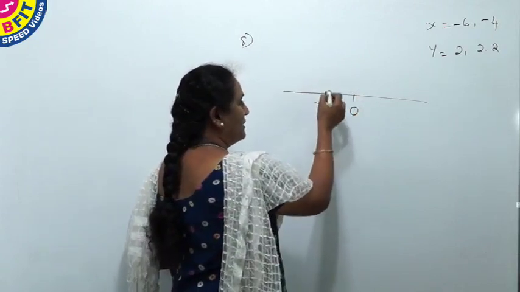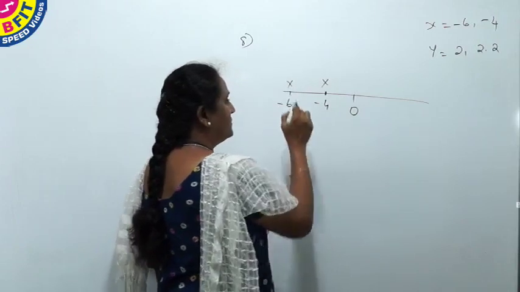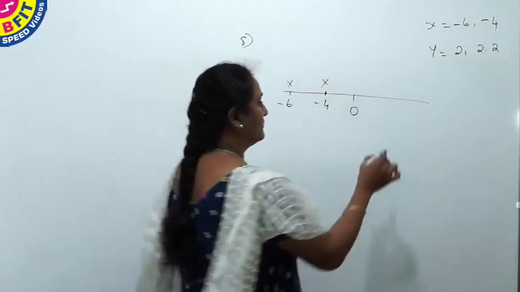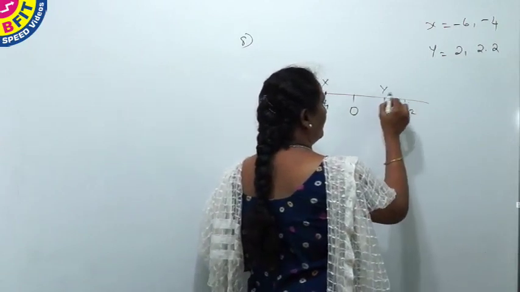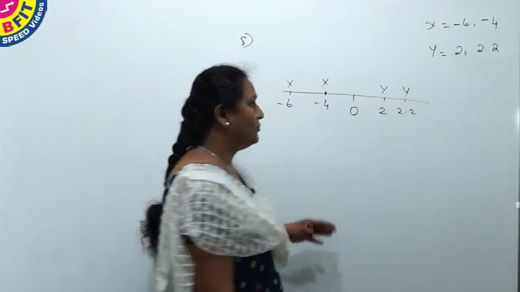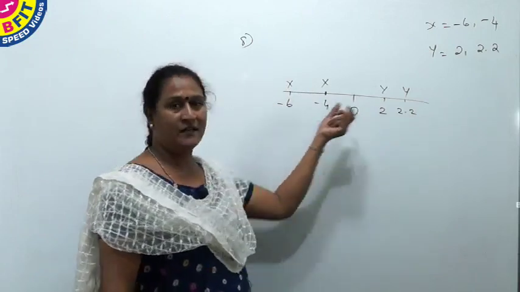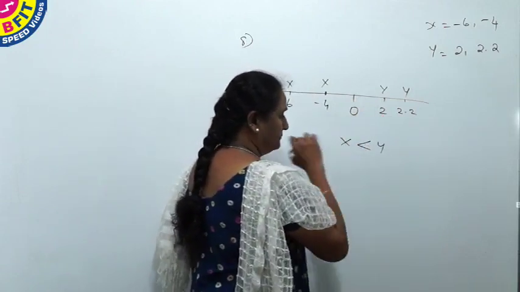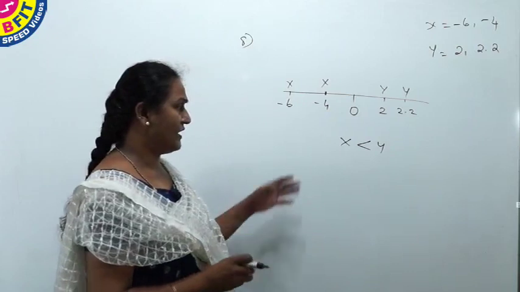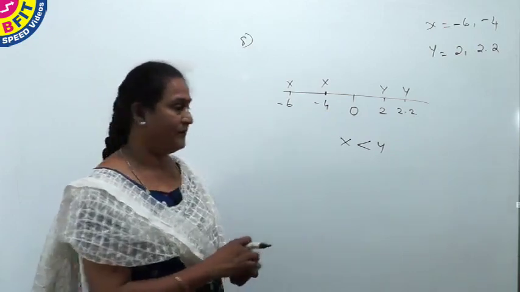Assuming minus 4 to be here, place x, and minus 6 here, place x here, and y is 2 and 2.2. So clearly both the values of y are greater than x, or x is less than y. As the value of x is less than y, friends, it is option C.